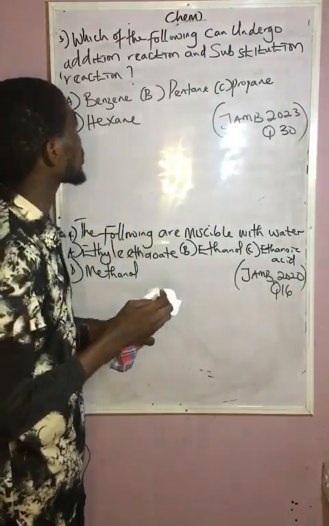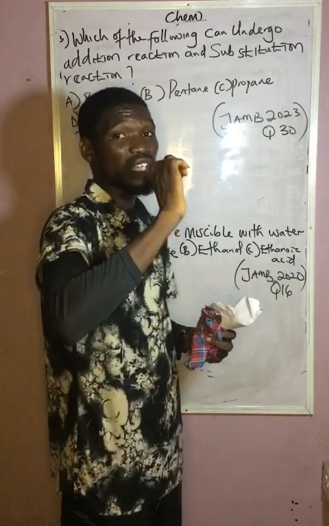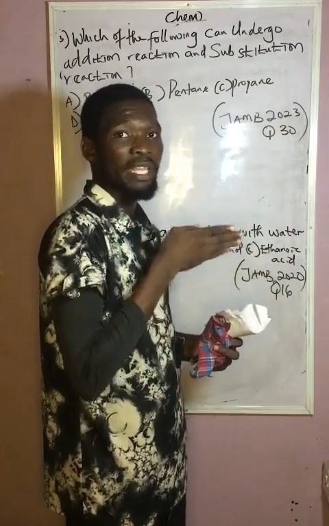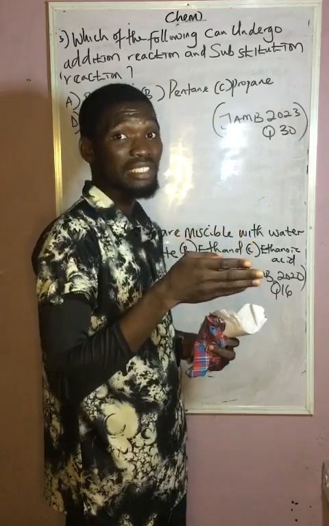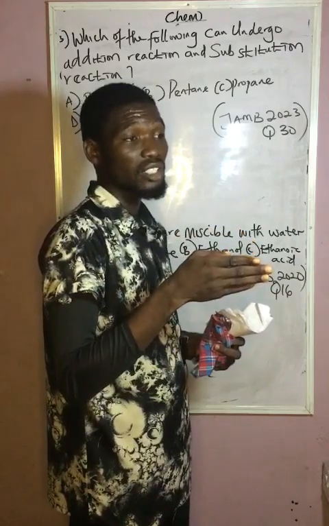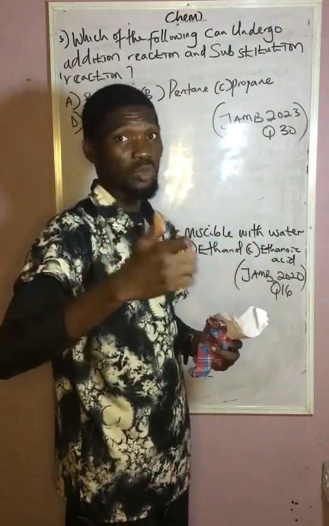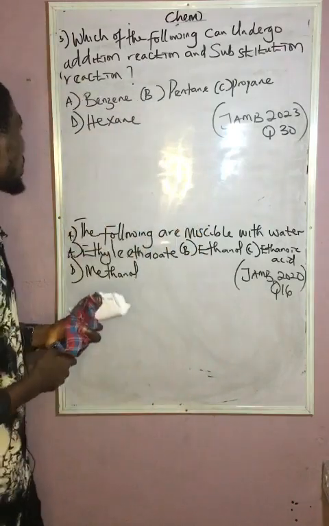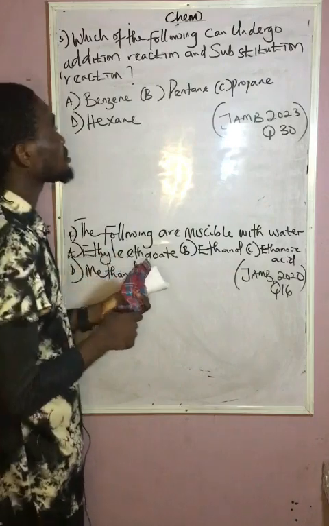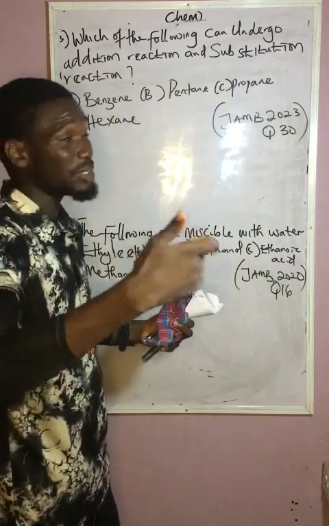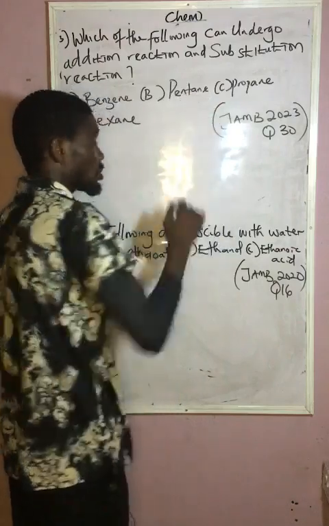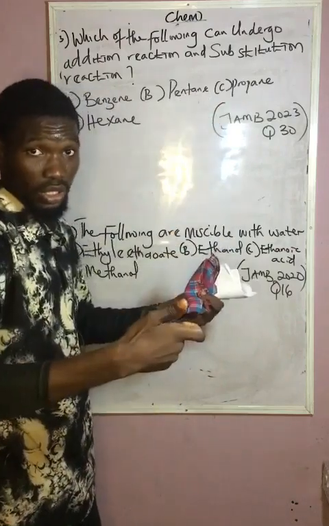While substitution reaction, they are saturated because it can easily react with a compound, just like a reaction between methane and chlorine in the presence of sunlight. That's a good example of substitution reaction. Methane is saturated because it's a single bond.